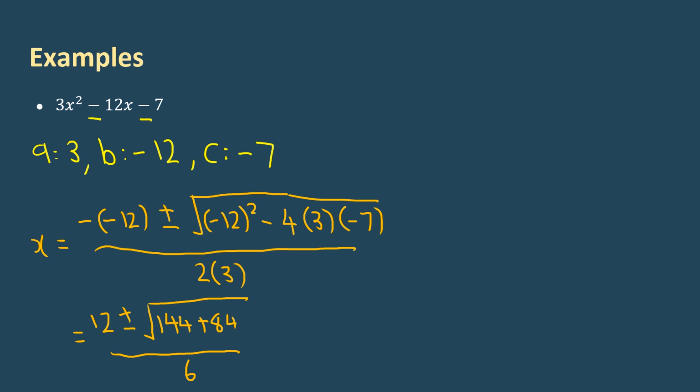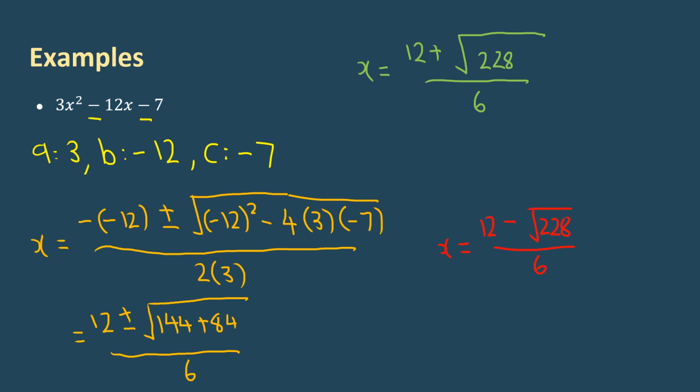And now we're going to split our answers. I'm going to do the plus one in green here. So x equals 12 plus square root 228 over 6. And the other one, I'm going to use red, is x equals 12 minus square root 228 over 6.